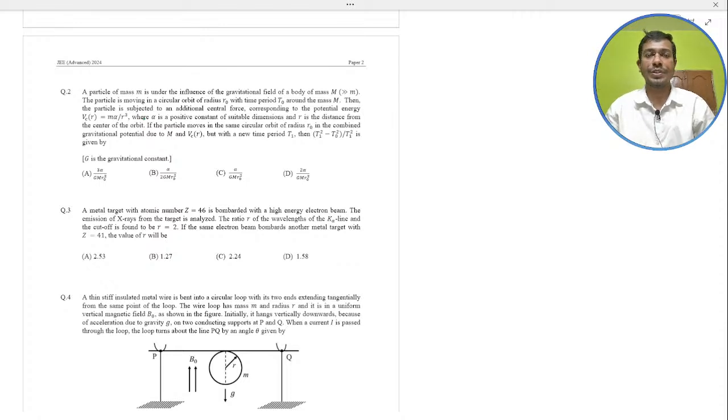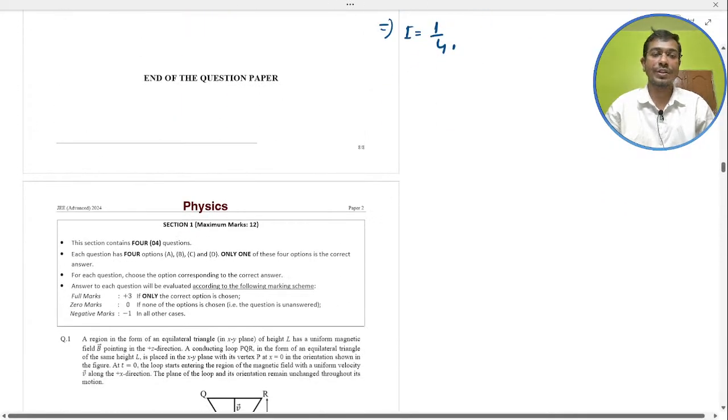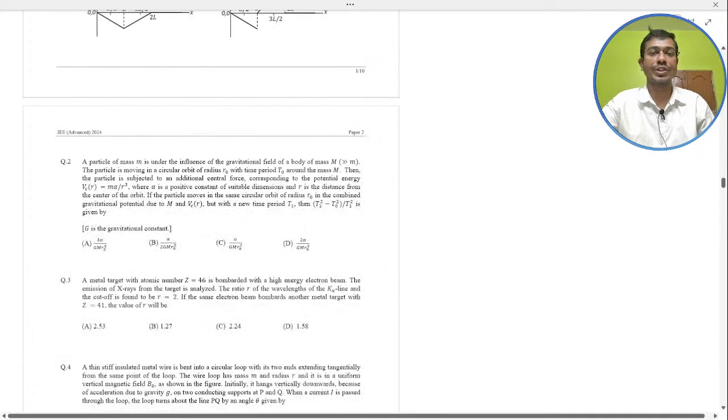If the particle moves in the same circular orbit of radius r0 in the combined potential, but with the new time period T1, then find (T1² − T0²)/T1². G is the gravitational constant. Only one option is correct, MCQ.